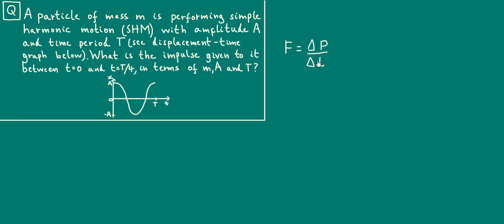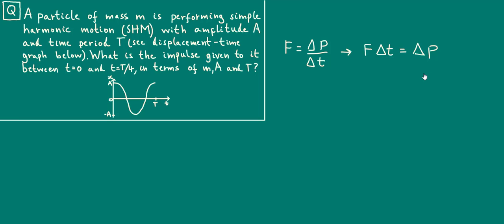Or in other words, the resultant force acting on a particle is equal to its rate of change of momentum. Now if we just rearrange this, the impulse is simply given by the product of force times time, or change in time, or time interval. Or equivalently, the impulse is simply equal to the change in momentum that the particle or object undergoes.